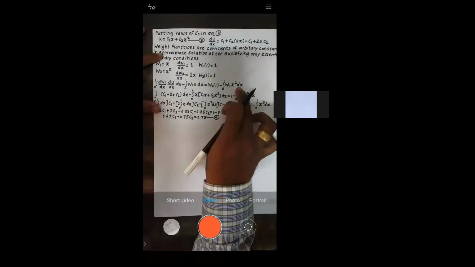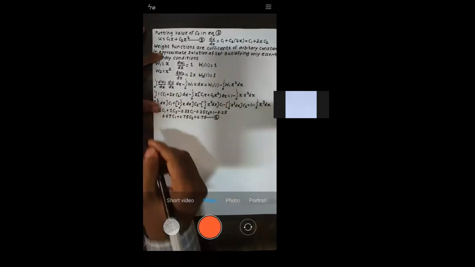Right? Now this equation we will rewrite for the second weight function. So I will write down the same, instead of W1, I will write down W2.